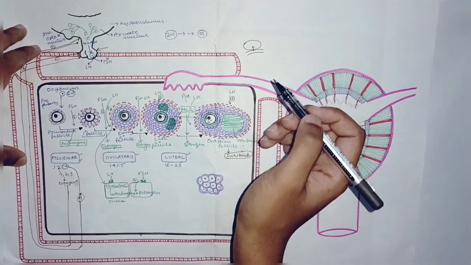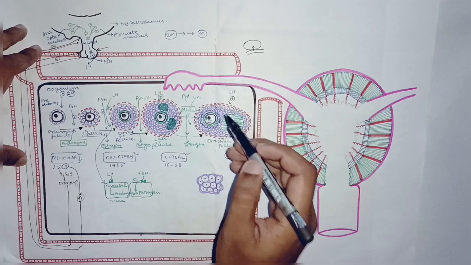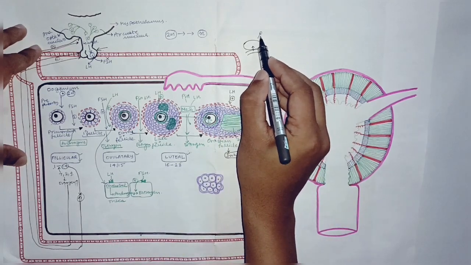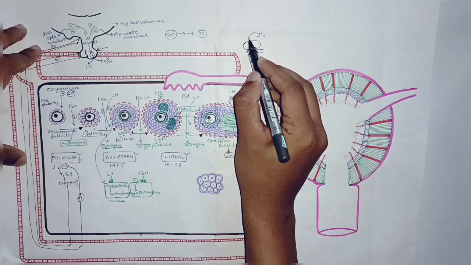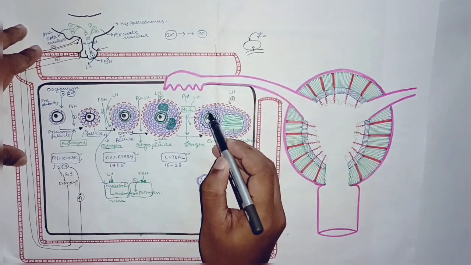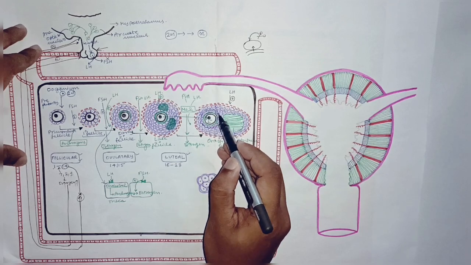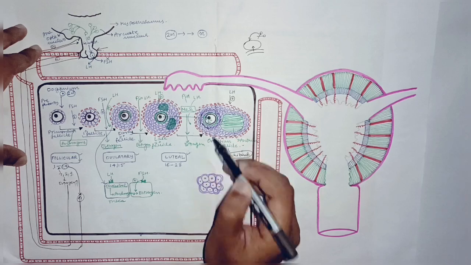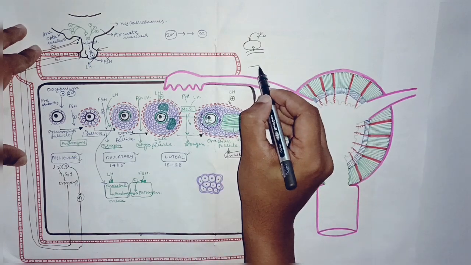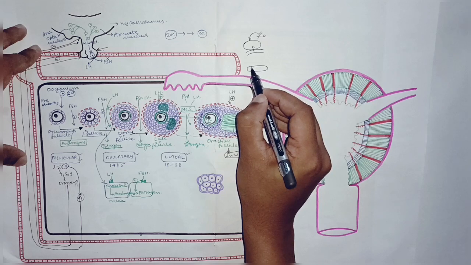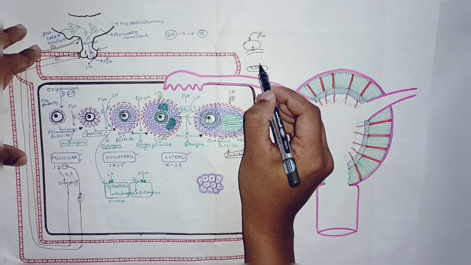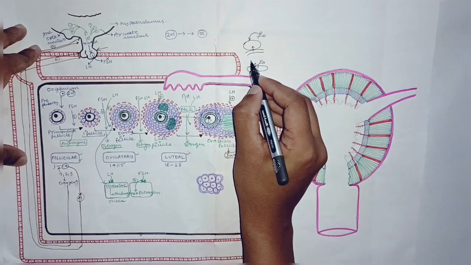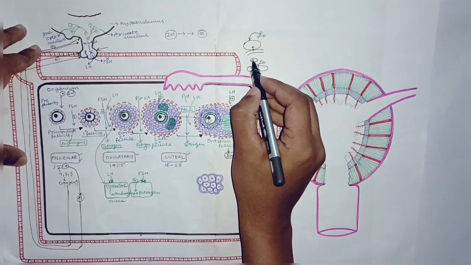Now, simultaneously the scissor enzymes act on the Graafian follicle. They cut at a specific position of the Graafian follicle, and suppose this was your Graafian follicle and this was your secondary oocyte, they cut at a specific position so that the oocyte is popping out of that Graafian follicle.